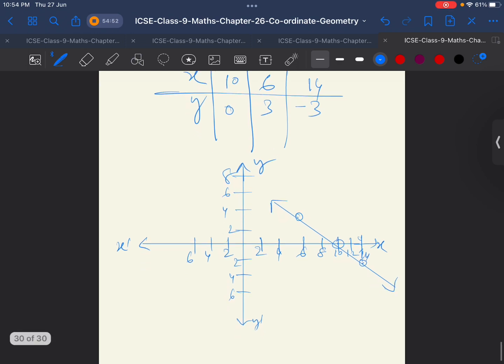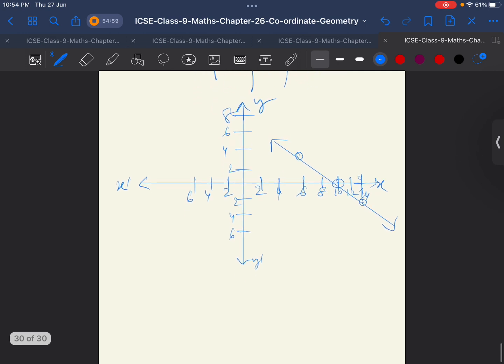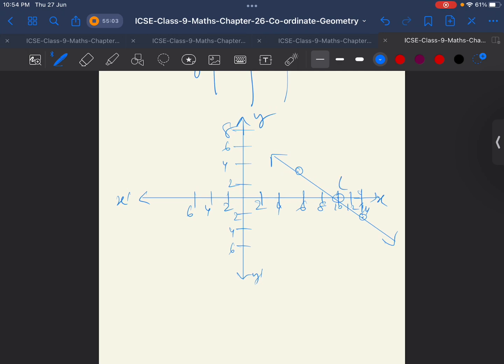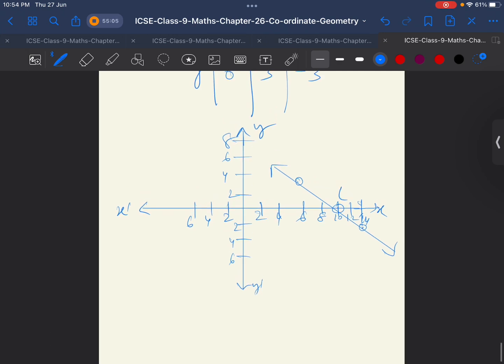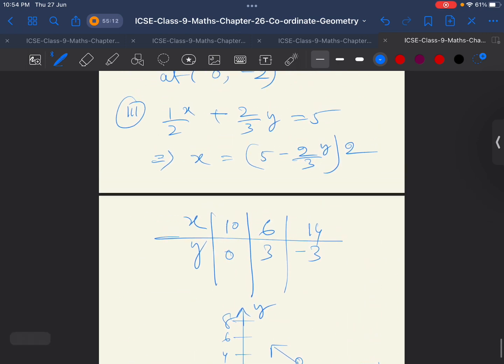Okay, so the line intersects the x-axis at (10, 0) and the y-axis.